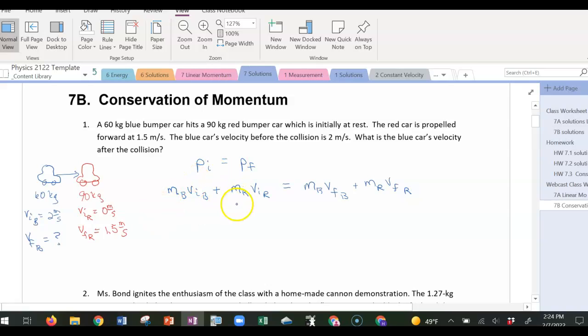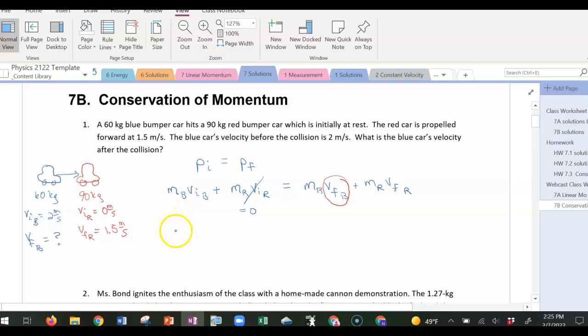Now one of these terms goes away because the initial velocity of the red car was 0, and I'm looking to solve for the final velocity of the blue car, which is here. And so I should be able to just plug in what I know and solve for that quantity.